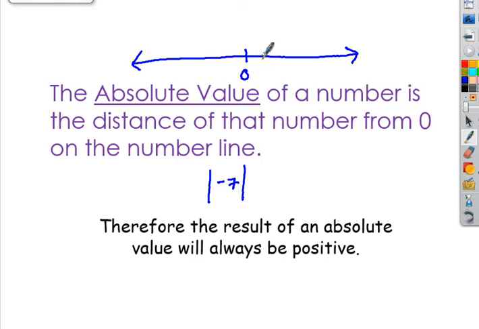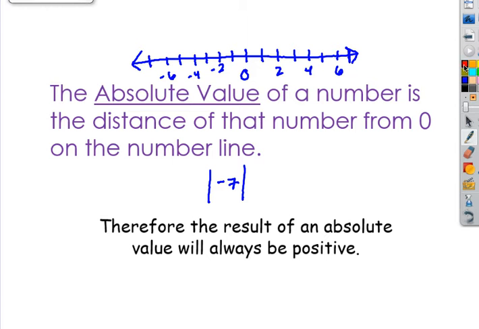So if I was to graph it, this is 1, 2, 3, 4, 5, 6, 7. So the number 7 is 7 away from 0 on the absolute value line. And then this is -1, -2, -3, -4, -5, -6, -7.